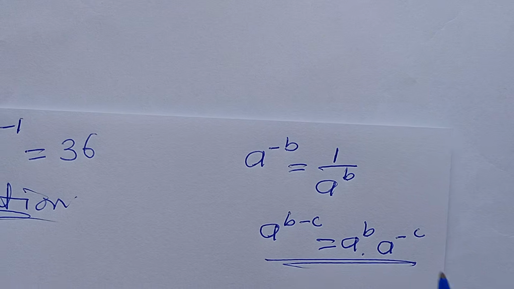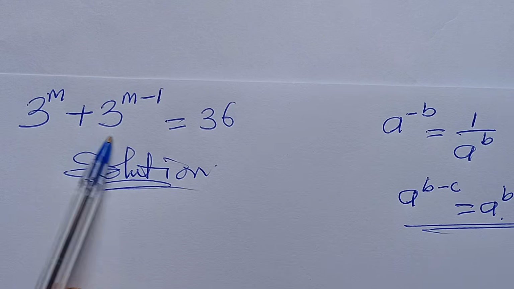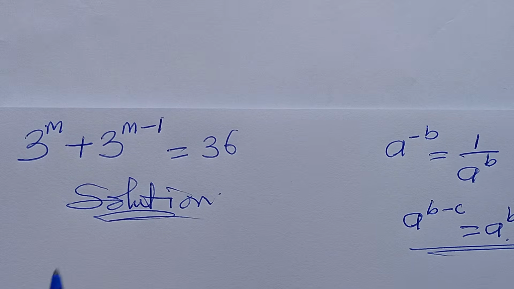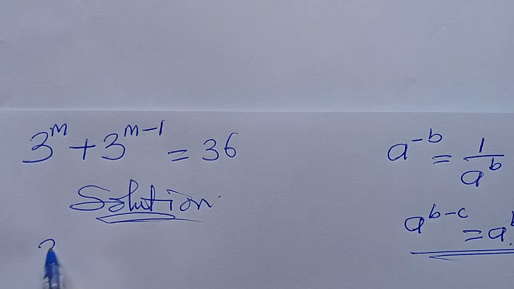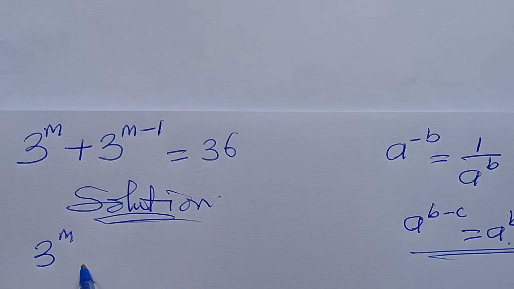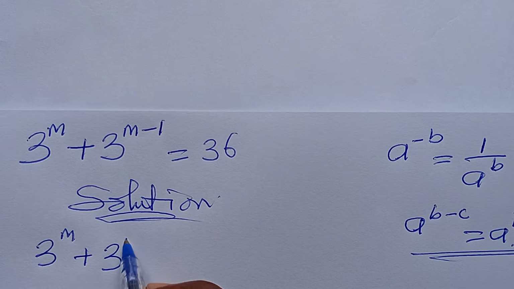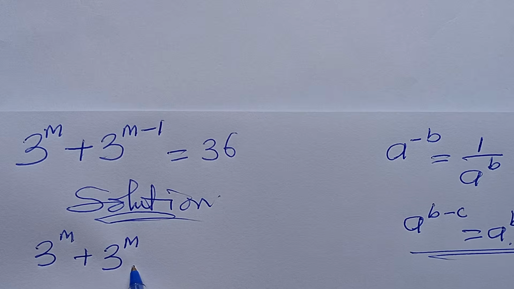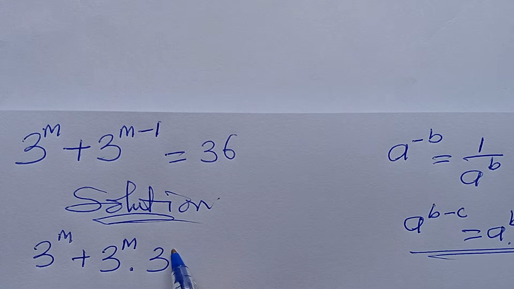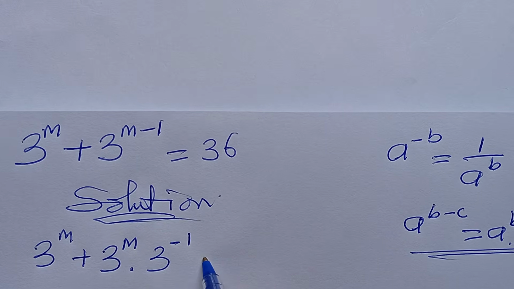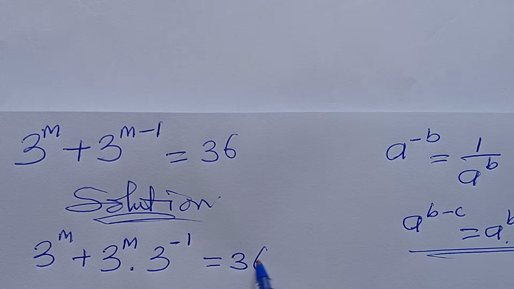So I'm going to apply these two laws to rewrite this expression here. And so this is going to give us 3 to the power of m plus 3 to the power of m times 3 to the power of negative 1 equal to 36.